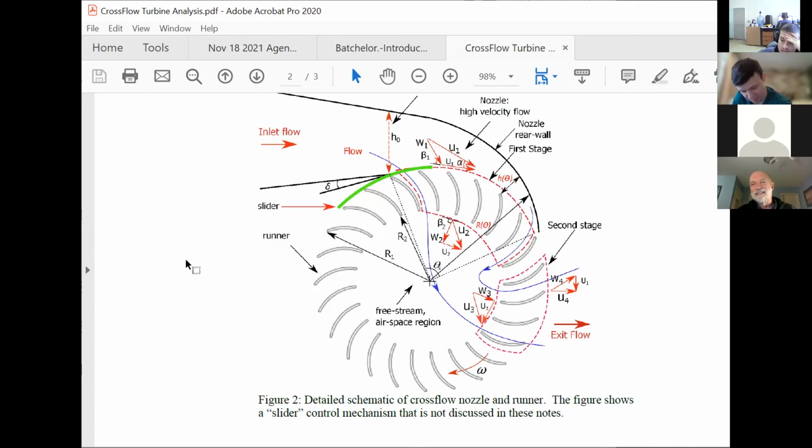And the main reason that we did the analysis using multi-phase models, and if people are not familiar with what we mean by that, a multi-phase model for a turbine would include the water that is coming in at the inlet there, and also the air that is entrained into the water flow as it goes through the runner and exiting the runner. So in principle, there will be entrainment of air into the water as it goes through the runner. What we found was that was negligible.